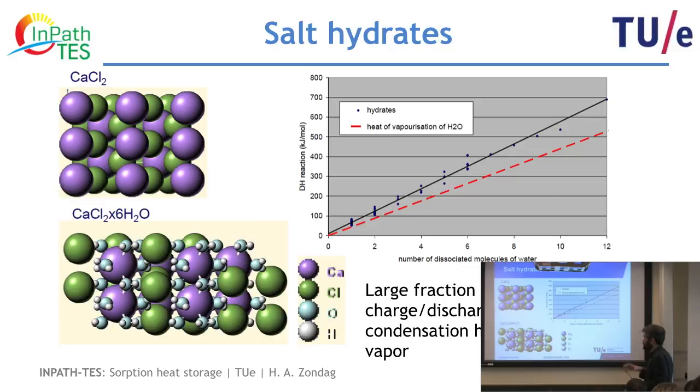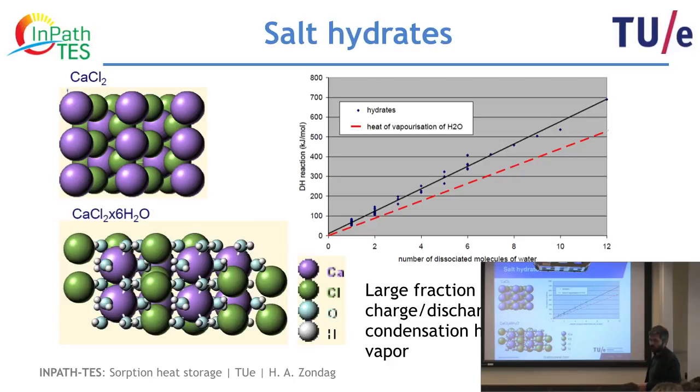This means that if I add water vapor to my salt, in the case of 8 molecules of water, this amount of energy would be released. If I would pour liquid water on my salt, then this amount of energy would be released, because I will need this amount of energy to break the bonds between the water molecules in the liquid.